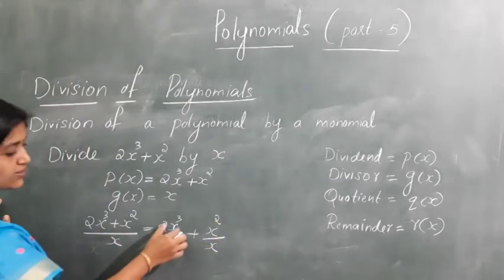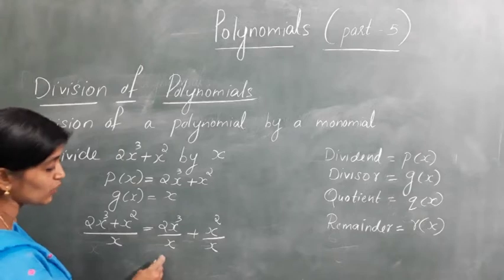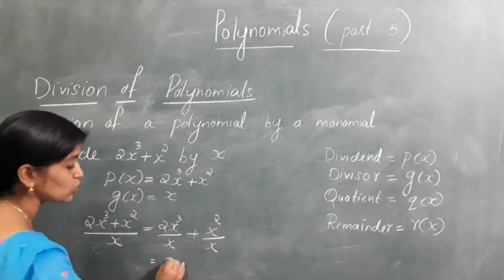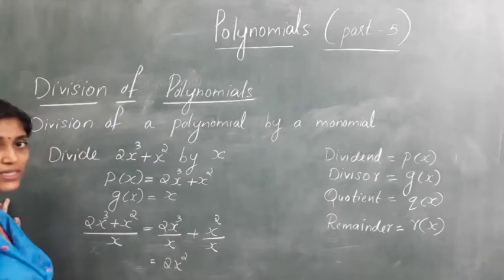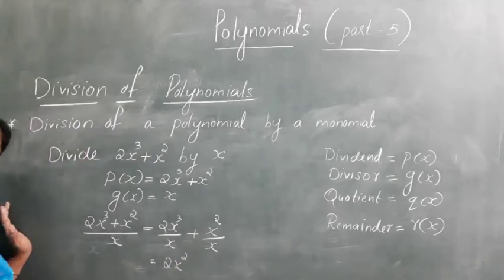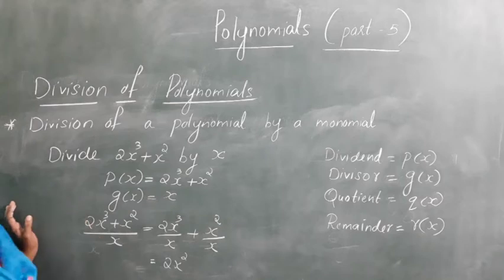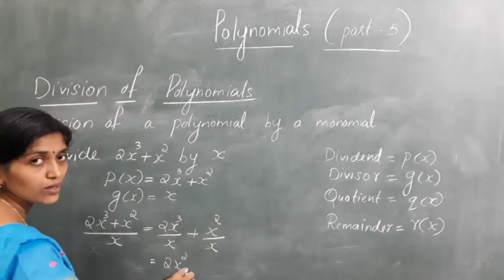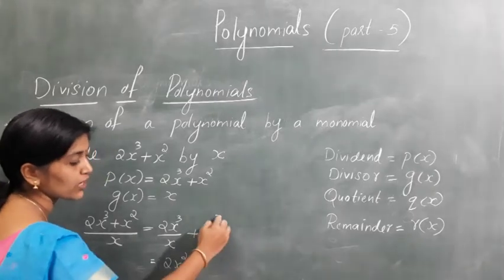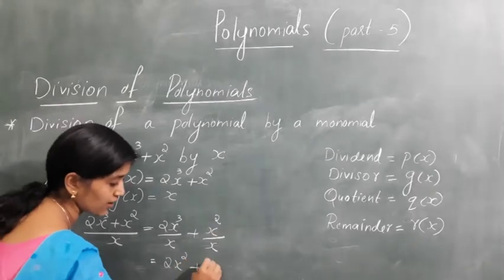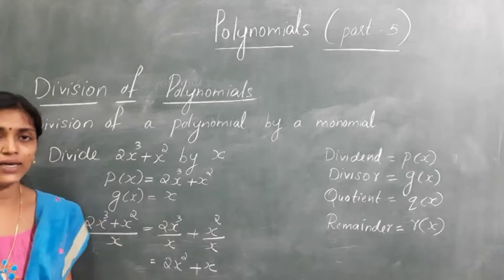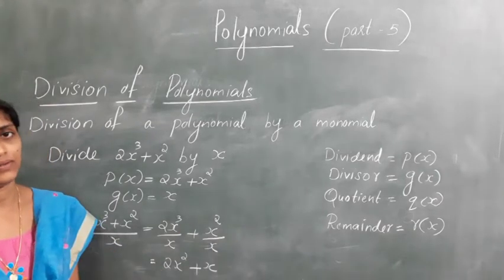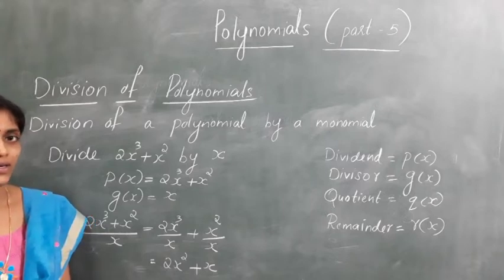Okay, 2x cubed by x we studied last year. How to divide here? You know, 2x cubed by x is equal to 2x squared. You have studied, isn't it? x raised to m divided by x raised to n is x raised to m minus n. Using that, or the cutting process, we have studied. 2x squared plus x squared by x, that is x. Here you can see the division takes place completely.